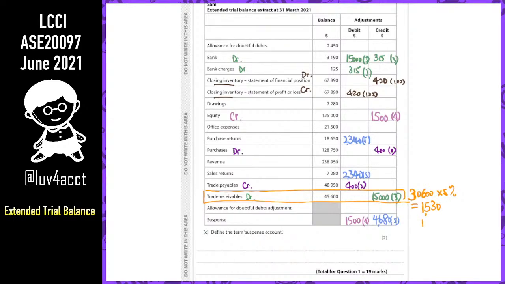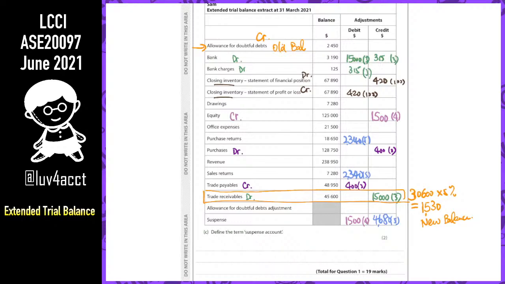So this is the new balance of the allowance for doubtful debts account. Then we have to go back to the old, original balance. The allowance for doubtful debts balance is on the credit side, so the original balance is 2450. Now it becomes 1530.